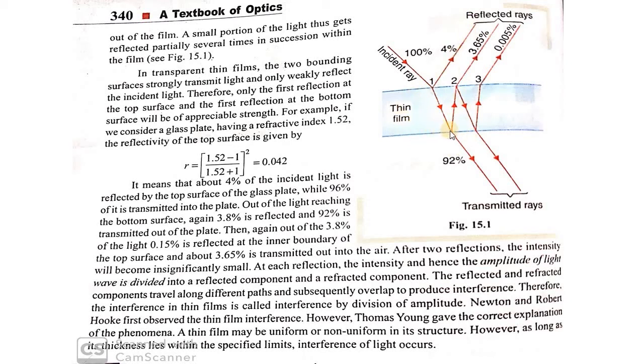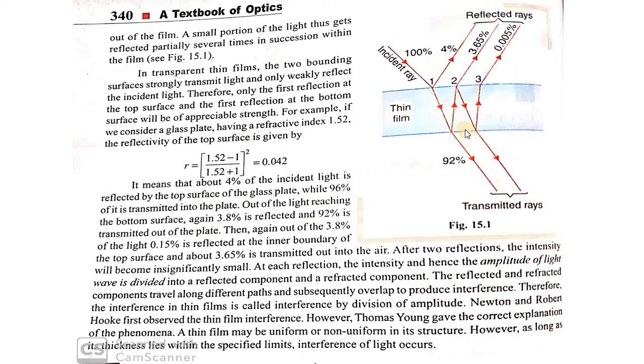And once it reaches the lower surface of the thin film, what happens? Again, 4% of the 96 is reflected, so what is left is 92, which will be transmitted. Out of the light reaching the bottom surface, 3.8% is reflected and 92 is transmitted.